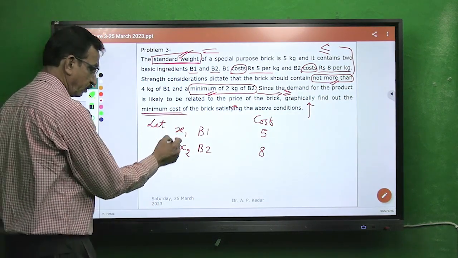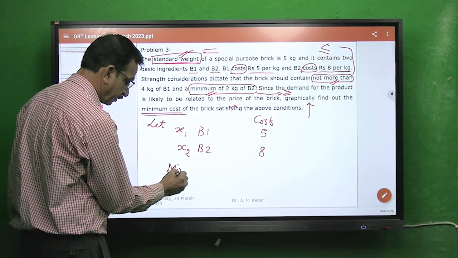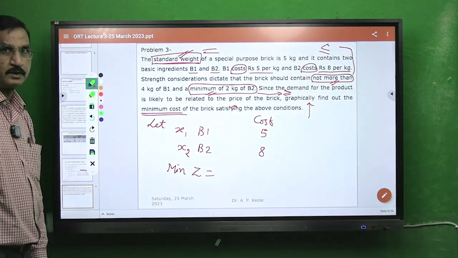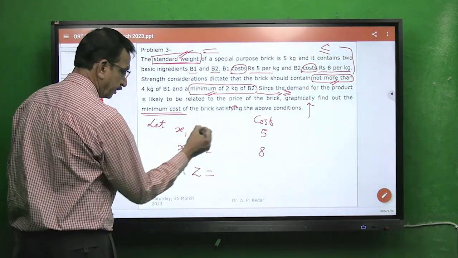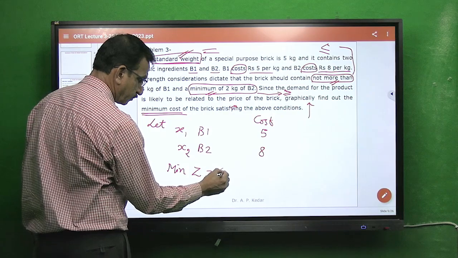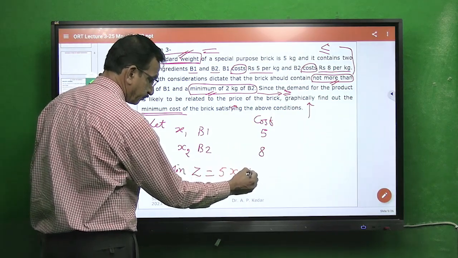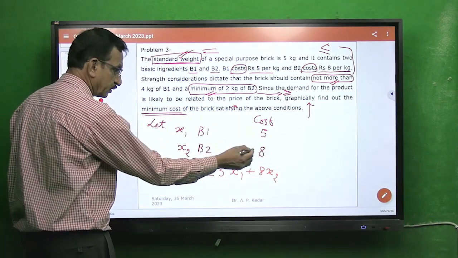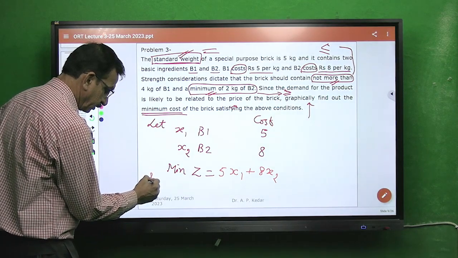So from this, the objective function will definitely be minimize Z equals 5x1 plus 8x2. Now this is the very important further part.